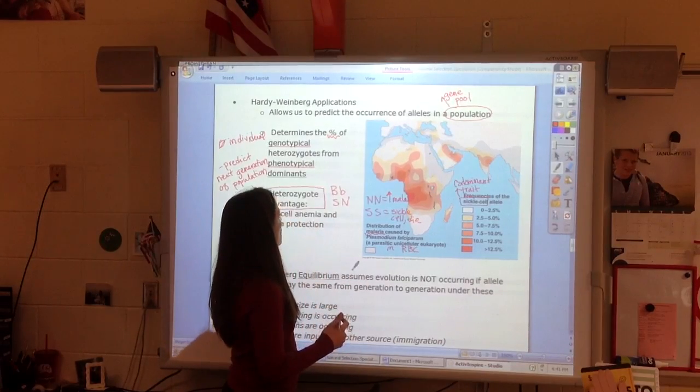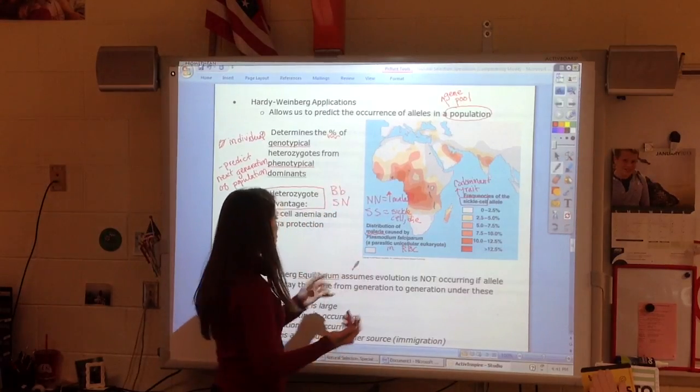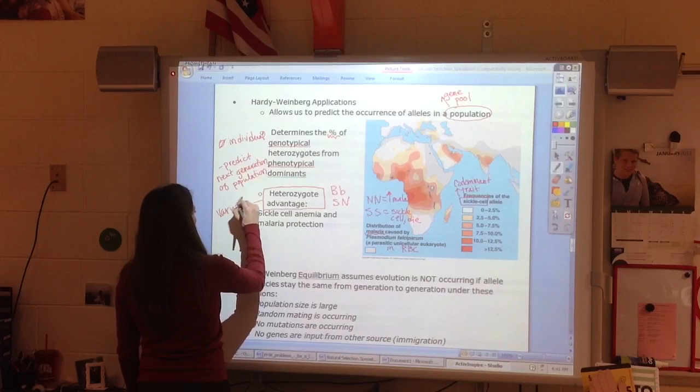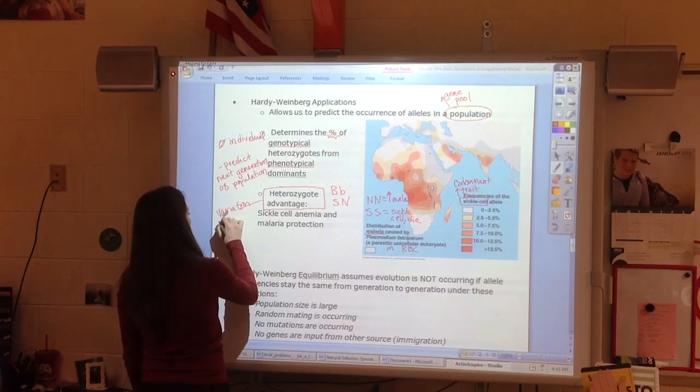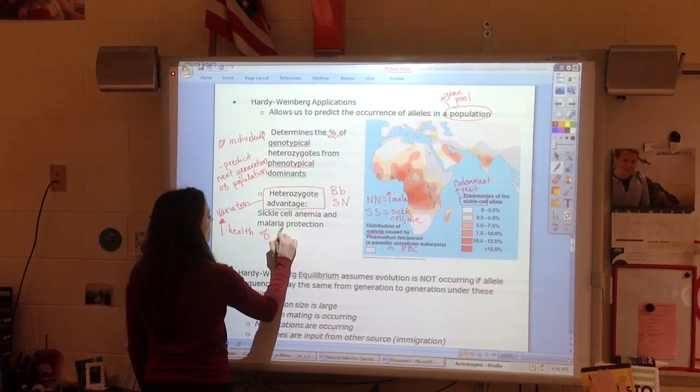In that, heterozygotes have this hidden source of variation. And this hidden source of variation is going to increase the health of the population.